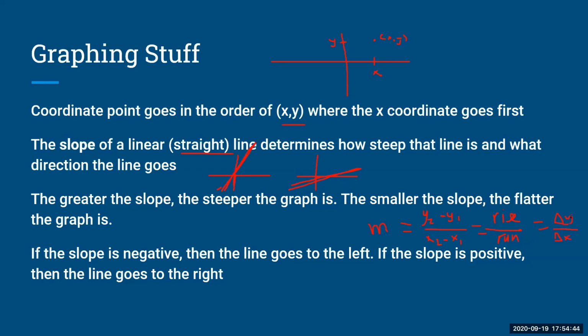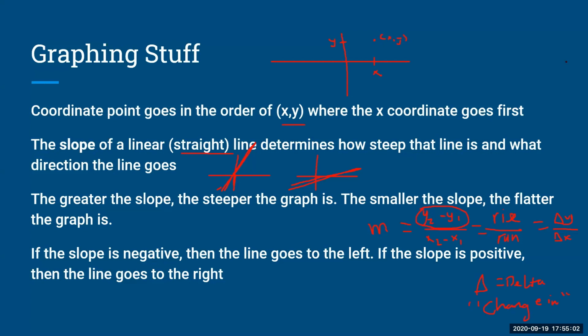Oh yeah, I haven't taught you guys delta. This triangle is called delta, which equals change in something. Notice that when you have a change, you always have a subtraction.